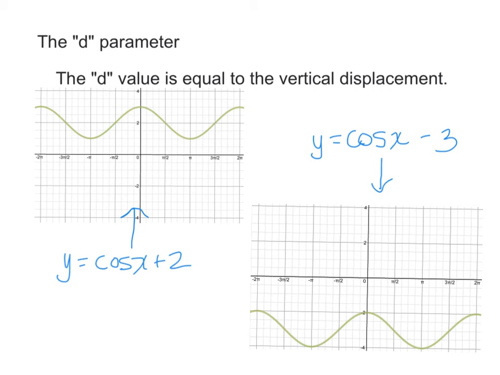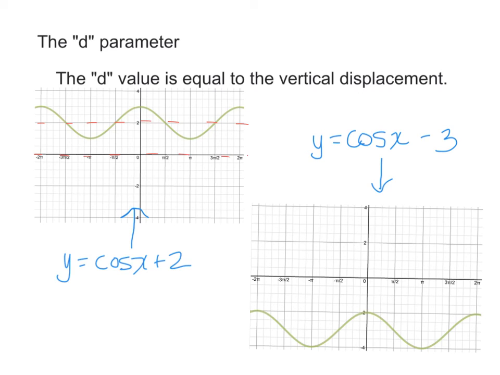When we're doing those, we're looking at where that central axis moved to. So originally, the cosine function is centered around the x-axis, like here. Now it's centered around 2. We don't want to look at where the maximum or minimum moved to, because if there was a stretch, then that has to factor in as well.